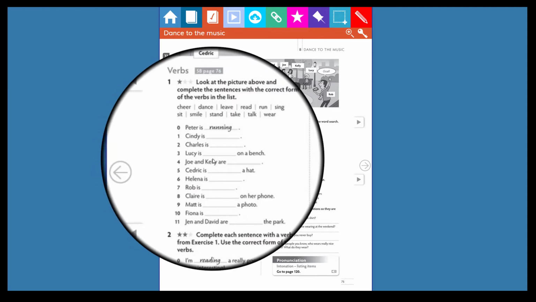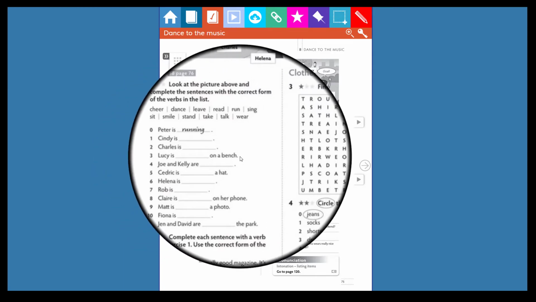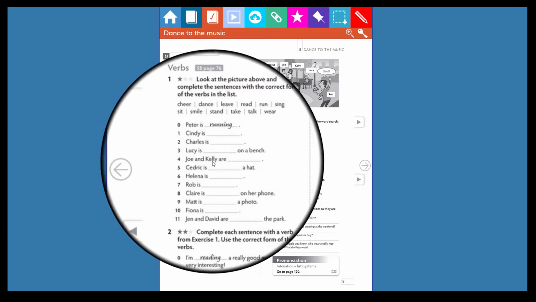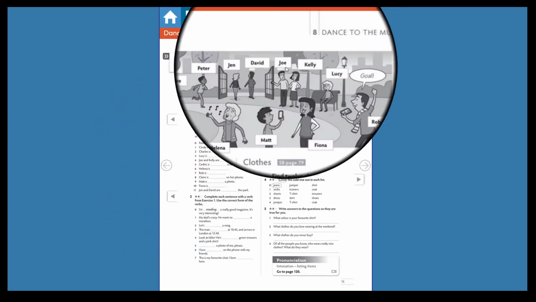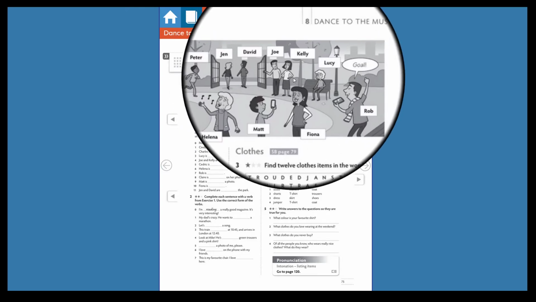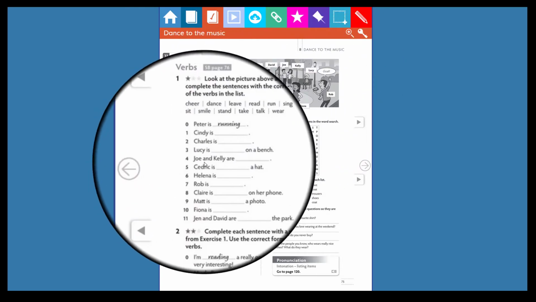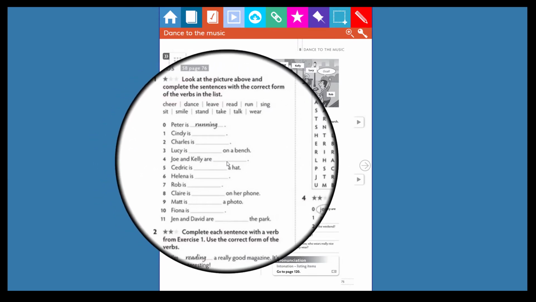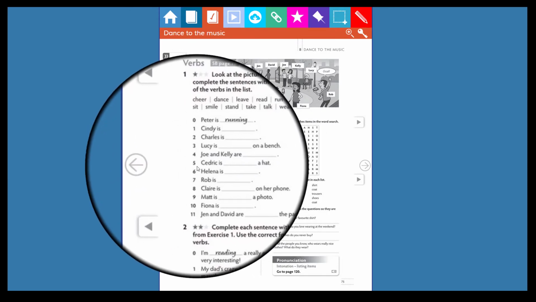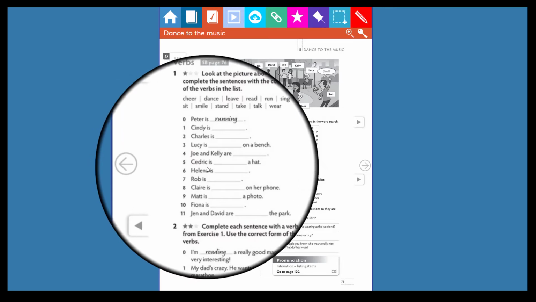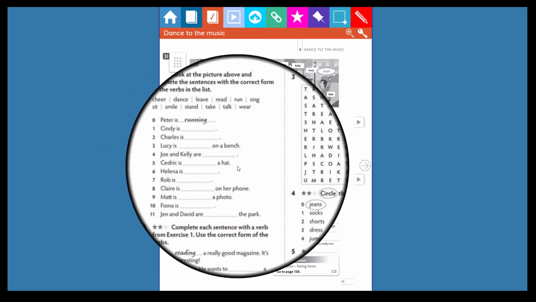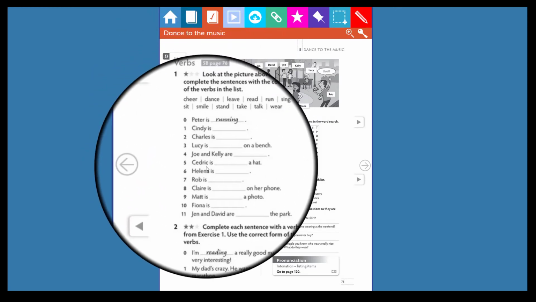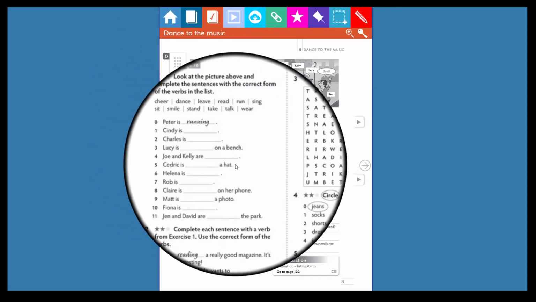Lucy is sitting on a bench. Number 4. Joe and Kelly are, these are Joe and Kelly, standing. Joe and Kelly are standing. Number 5. Cedric is wearing a hat. This is Cedric. Cedric is wearing a hat.